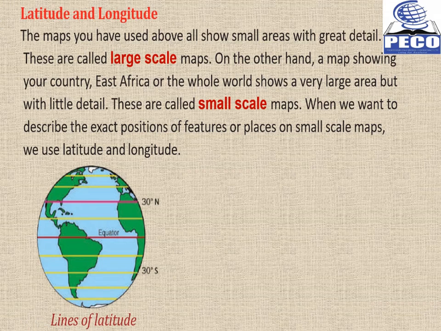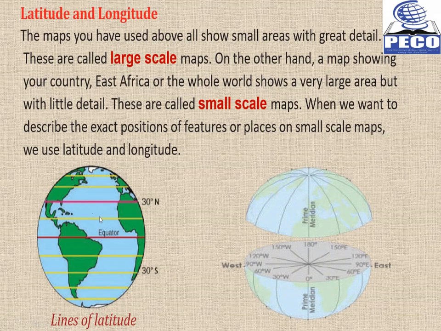And in primary, you must have looked at the lines of latitudes, and we have an illustration. That latitudes are these horizontal lines, which are running from the west to the east, but they go northwards and southwards.